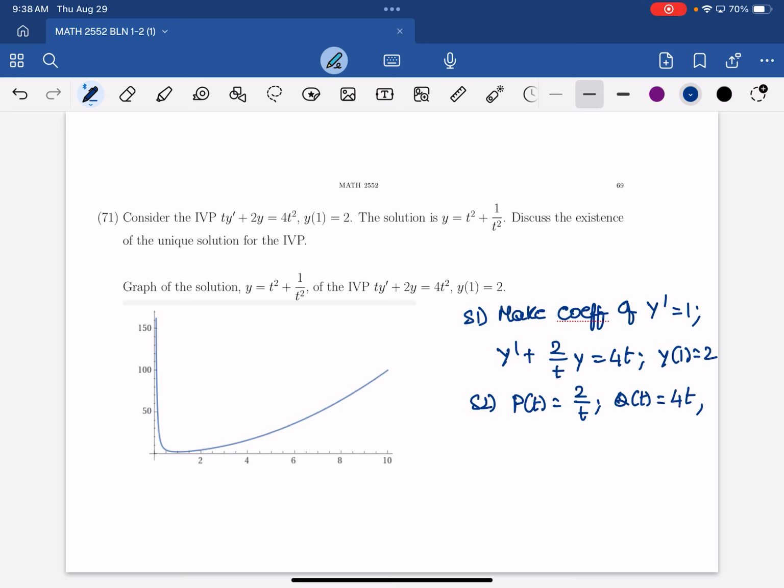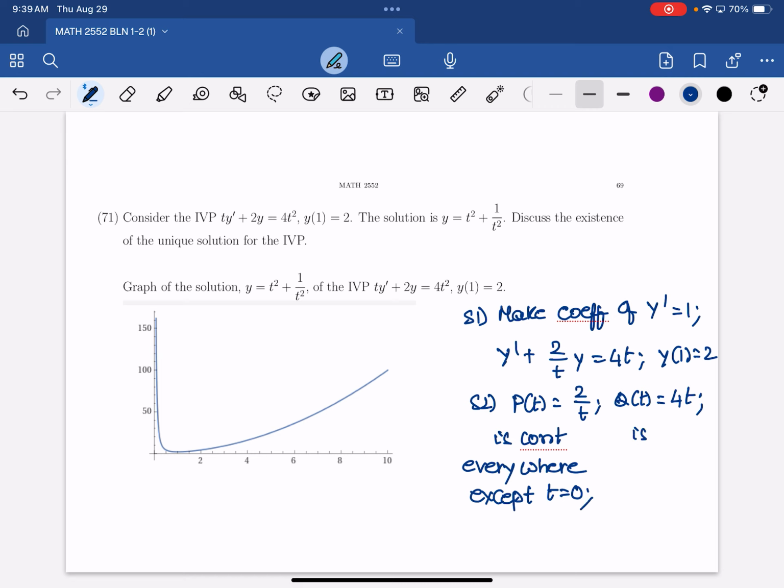Where is p of t continuous, or where is 2 over t continuous? Anywhere but 0. So t is not equal to 0. p of t is continuous everywhere except t equals 0. Very nice. Where is q of t continuous?